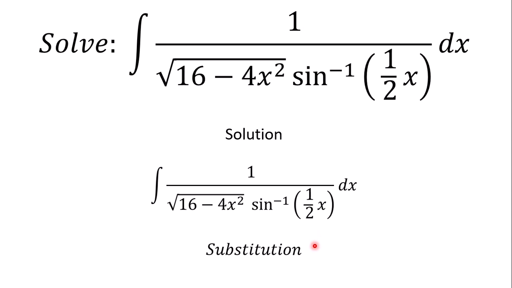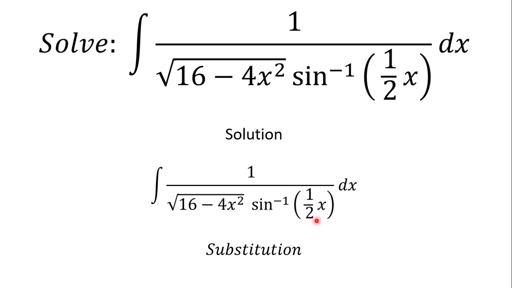First, I'm going to take this 1 over 2 off. In the other video, we were able to rewrite what was in the square root in such a way that what is in the square root and what was in the trig ratio became the same. So when we did the substitution, both sides were affected at once.